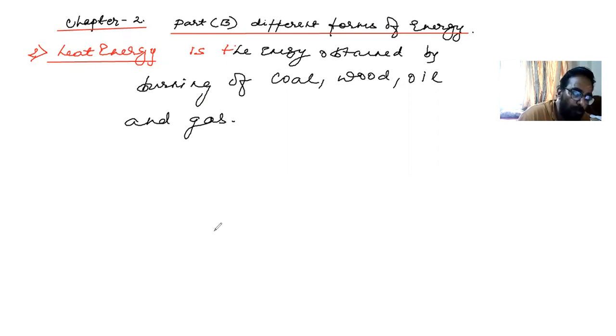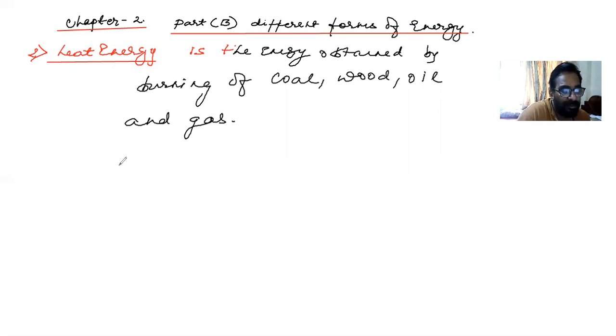Steam engines use the heat energy stored in the steam to do some mechanical work. So remember, children, heat energy is a very important form of energy. You get heat energy directly from the sun also. So what is the use of this heat energy?